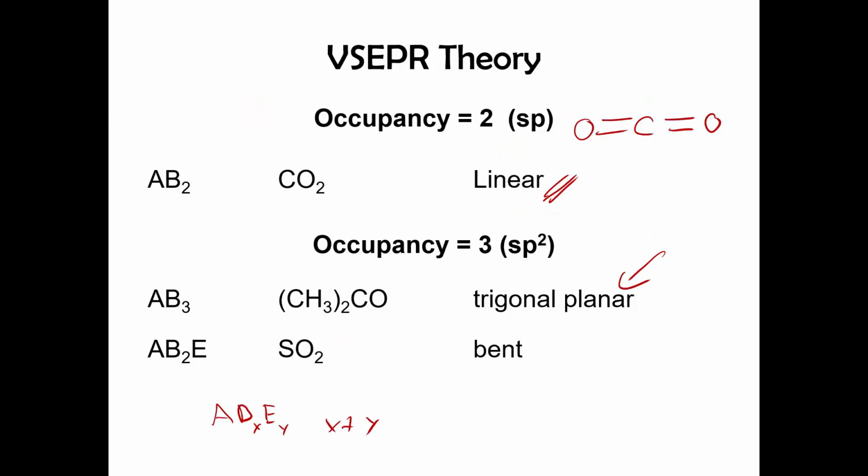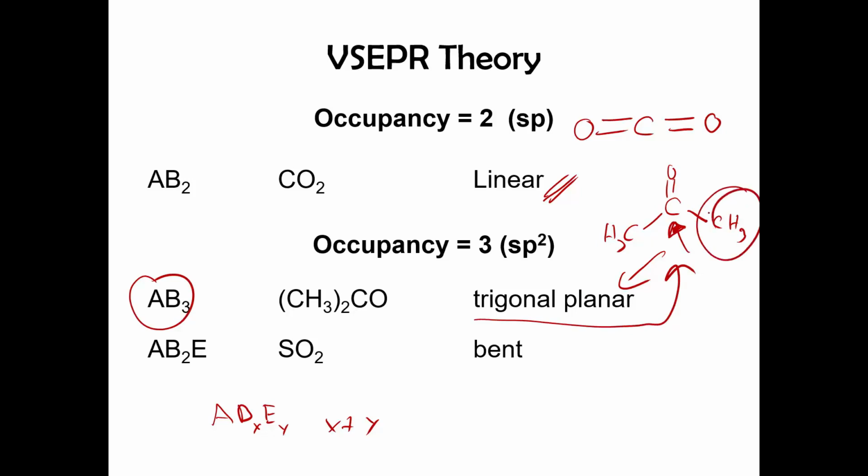So something that's AB3, like BF3 from the previous page, or this here, C, H, and then it has 2 CH3 groups. I don't want to spend too much time here. That central atom here has a trigonal planar shape. It's an AB3 system. You replace one of these with a lone pair, it's going to be bent.